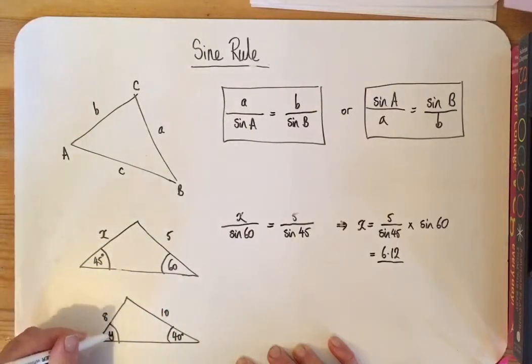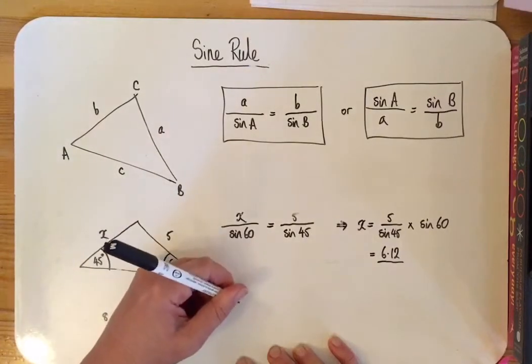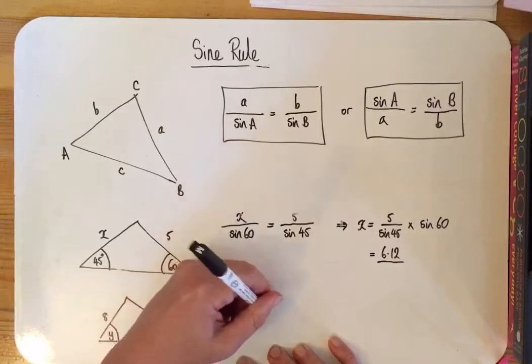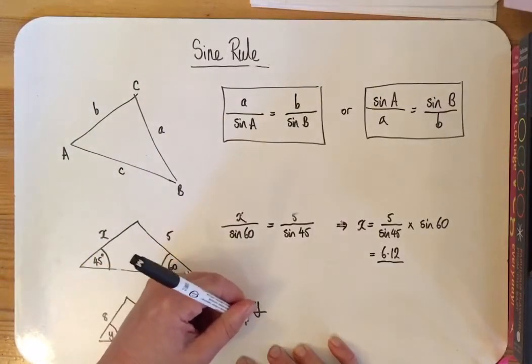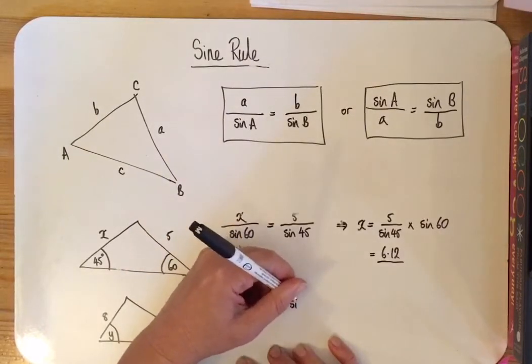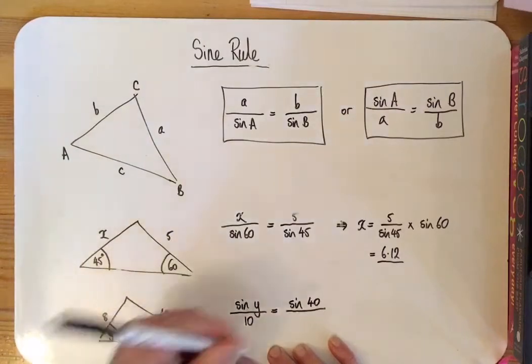Same situation: angle, opposite side, angle, opposite side. This time I want the angle, so sine of the angle over opposite side equals sine angle over opposite side.